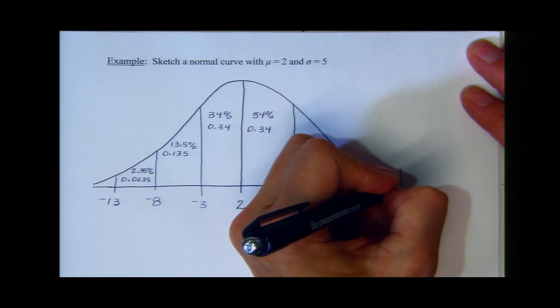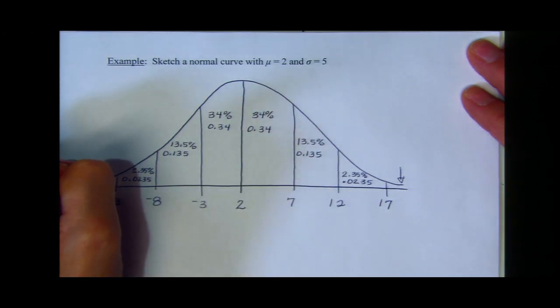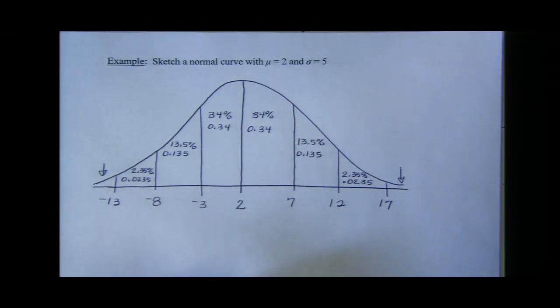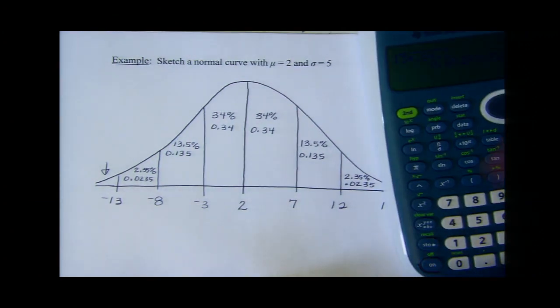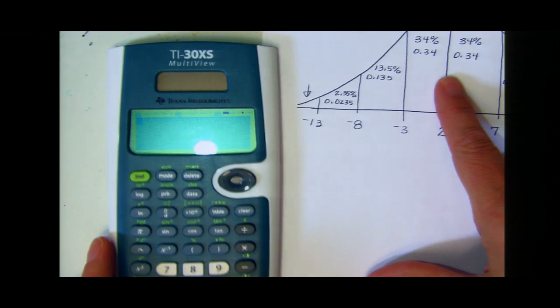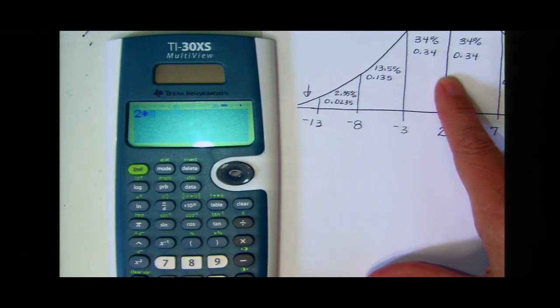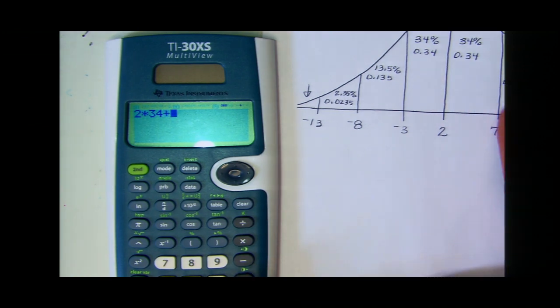And then, of course, we have our tails. And if I were to add all of these up to figure out my tails, I have 2 times 34% plus 2 times 13.5% plus 2 times 2.35%, and that gives me 99.7.